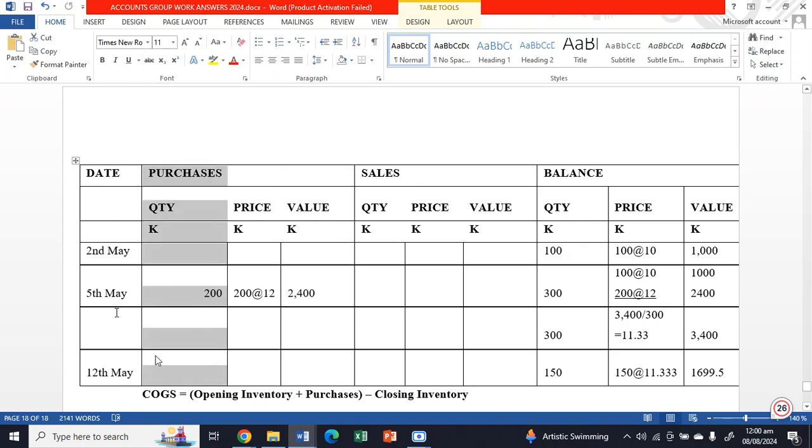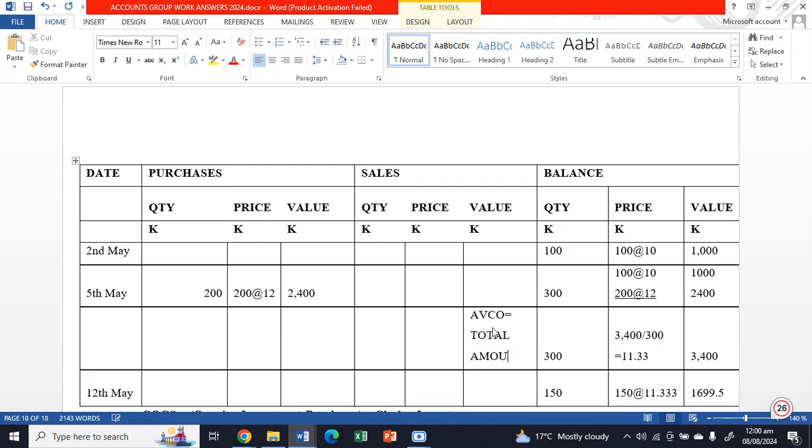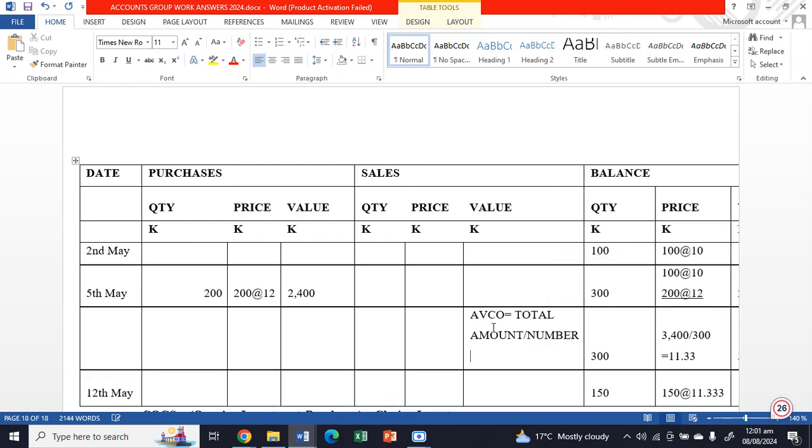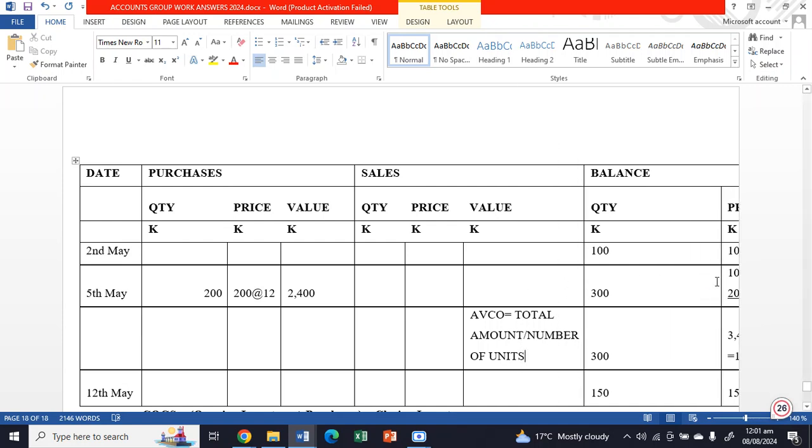The average cost of goods is the total amount divided by the number of units.